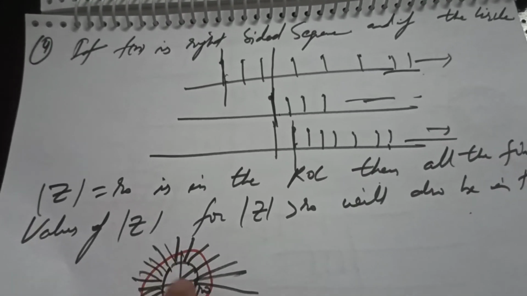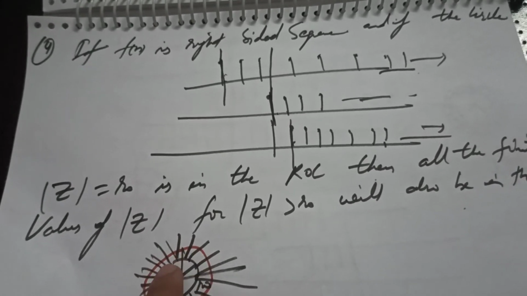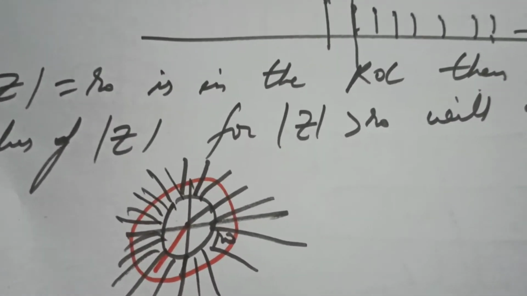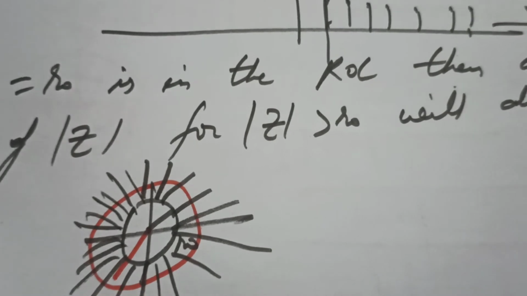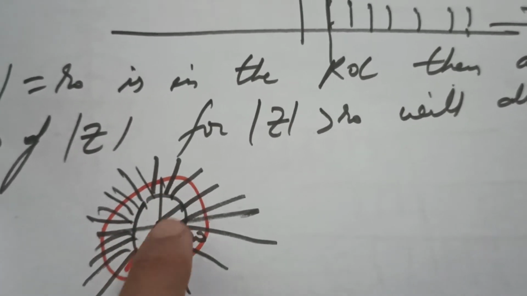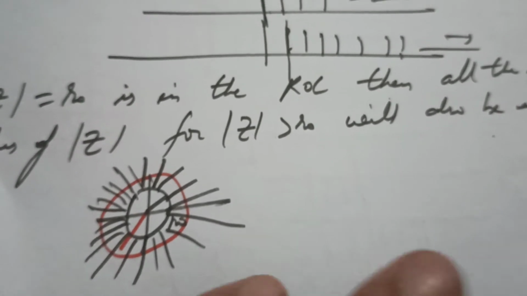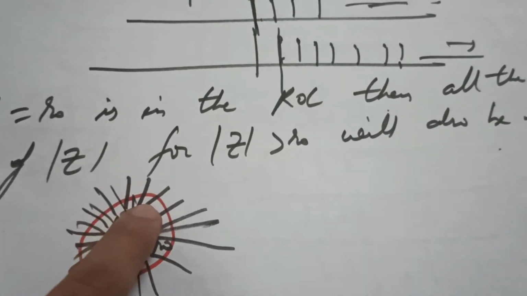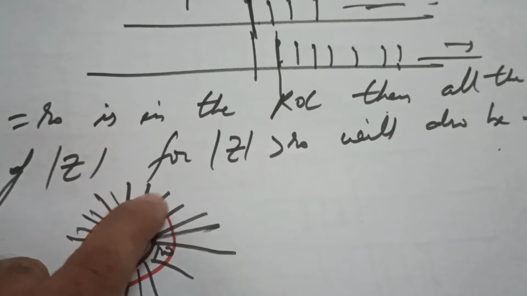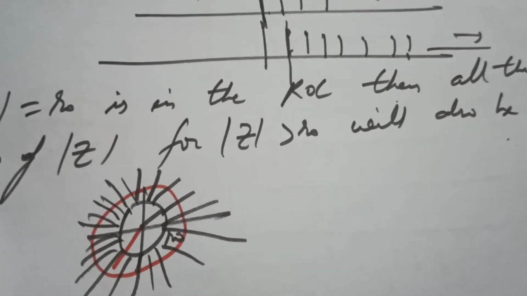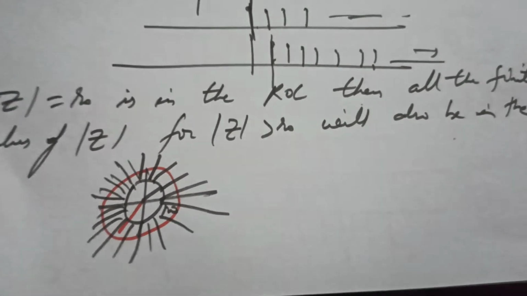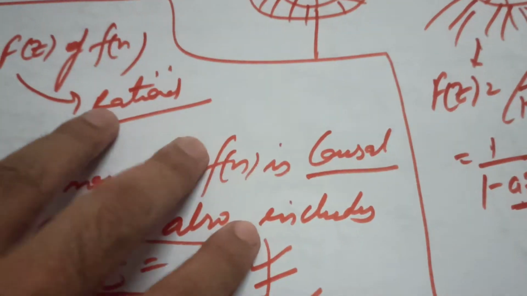So if this is that circle, and mod of z greater than r0 is in this ROC, we can definitely say that all the circles whose radius is greater than r0 will also be in the ROC. Clear? I think this point is well explained.